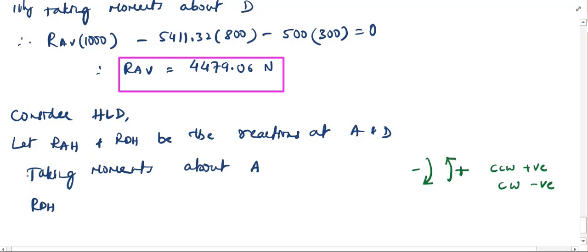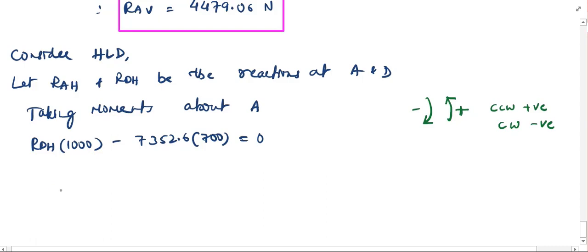So therefore RDH into 1000 minus 7352.6 into 700 is equal to 0. So therefore the RDH value will be 5146.82 newtons.